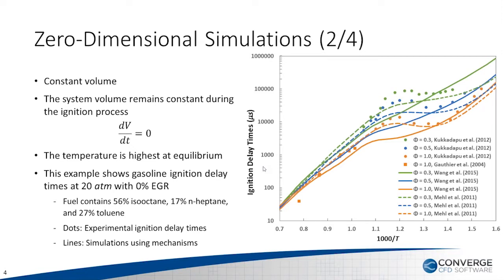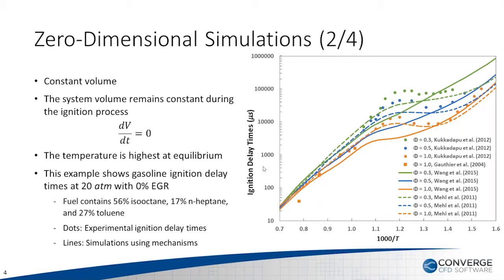For this type of reactor, the temperature will be highest at equilibrium compared with constant pressure and constant temperature, because there is no work output from this kind of reactor.